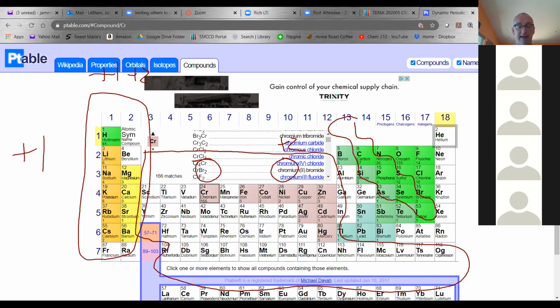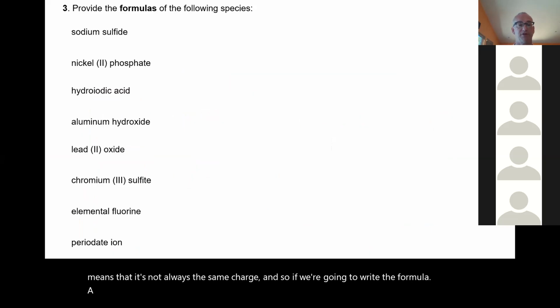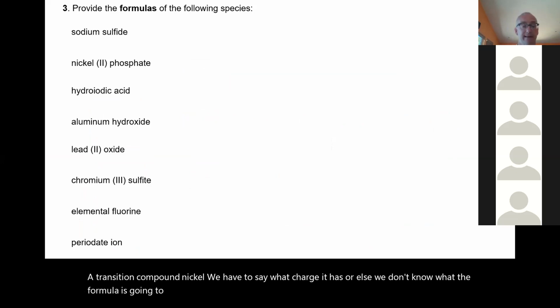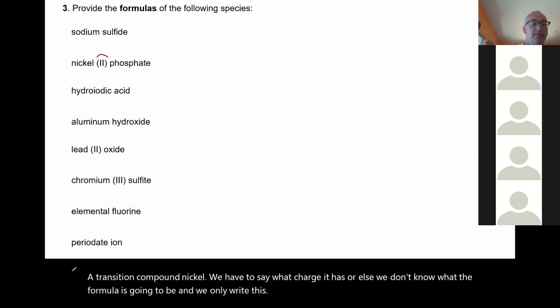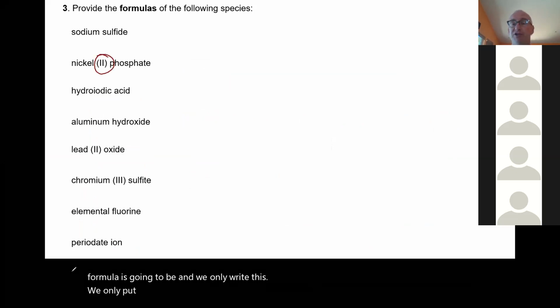And so if we're going to write the formula for a transition compound like nickel, we have to say what charge it has, or else we don't know what the formula is going to be. We only put that there if it's a transition metal, and it tells us what its charge is.